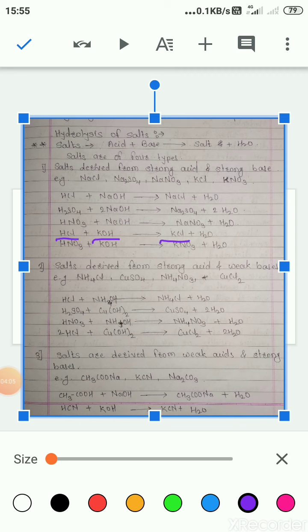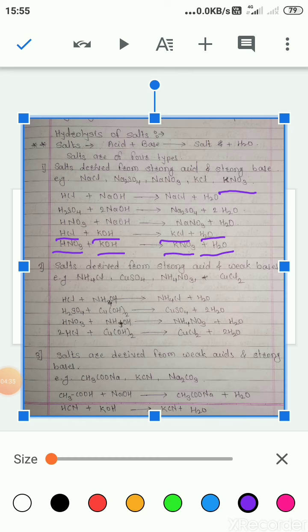It produces KCl and a water molecule. In the same way, KNO3, that means potassium nitrate: when nitric acid reacts with potassium hydroxide, it produces potassium nitrate and water. In the same way, from the salt we can assume from which acid and from which base it has formed.